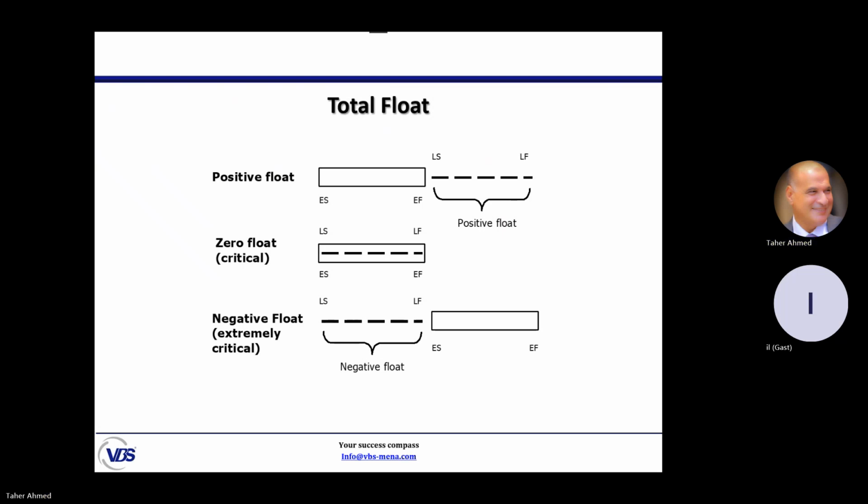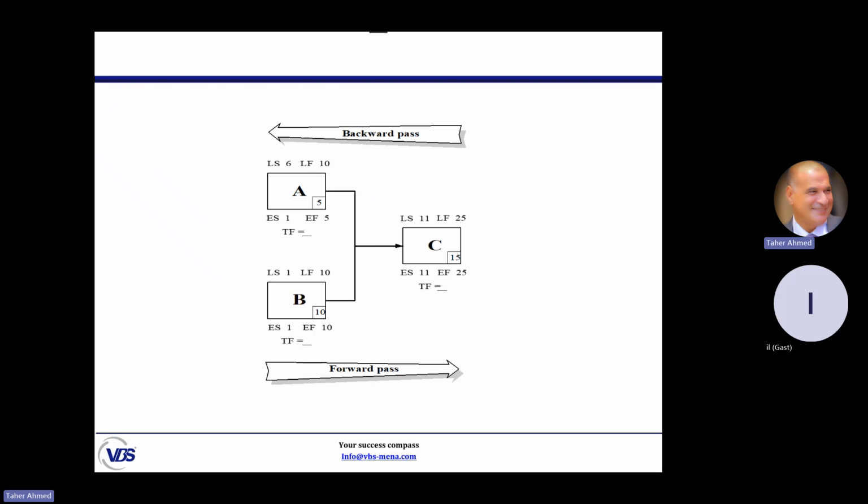So this is a way of determining the total float and determining whether the activity is critical or not. In our case, look at the network again. For some activities like B and C, the late dates equal the early dates. For some other activity, the late is bigger than the early. So how do we calculate the total float?